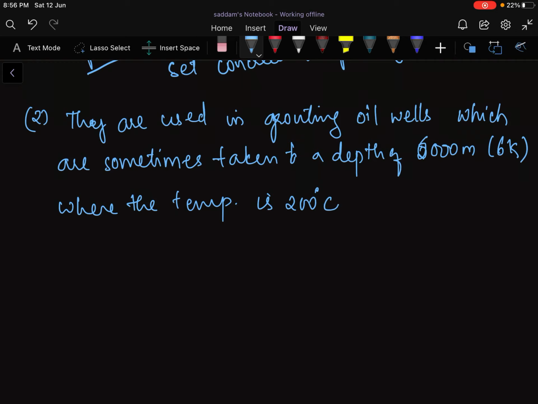Now imagine at 200 degrees centigrade how the acceleration of concrete takes place. Okay, so it will set within no time.